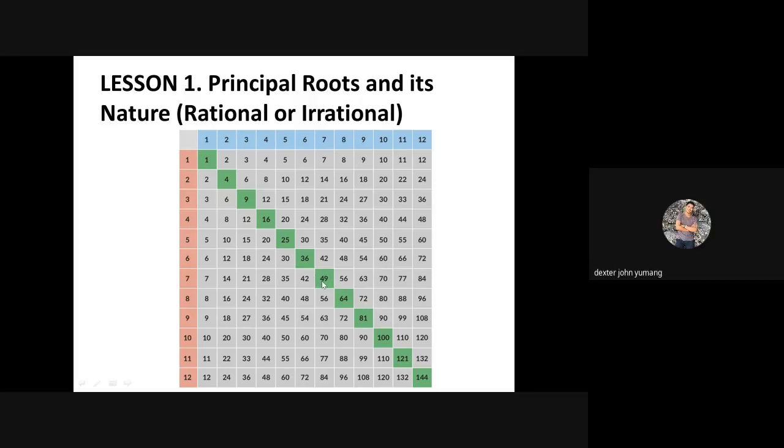What's next? 49. Next? 64. Next? 81. Next? 100. Next? 121. 144. So, kita niyo yung green lahat.